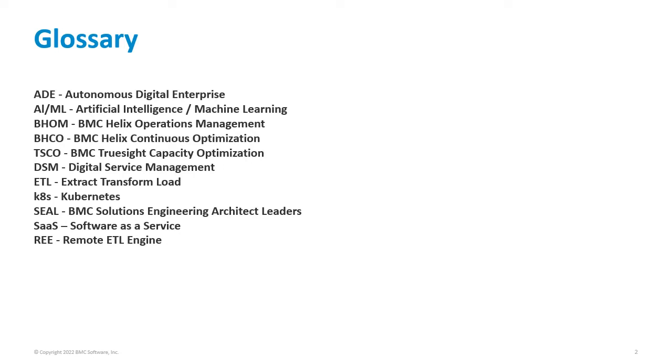As a starting point, I would like to share with you the glossary and the terms we'll be using in this presentation. Helix Platform Service is sometimes referred to as ADE Platform, which stands for Autonomous Digital Enterprise.